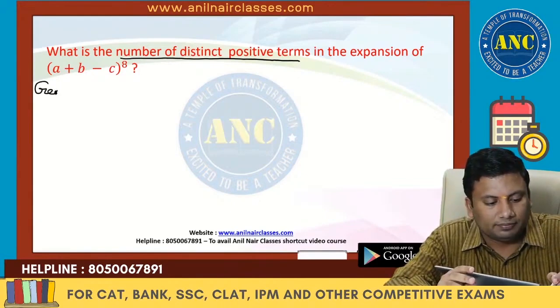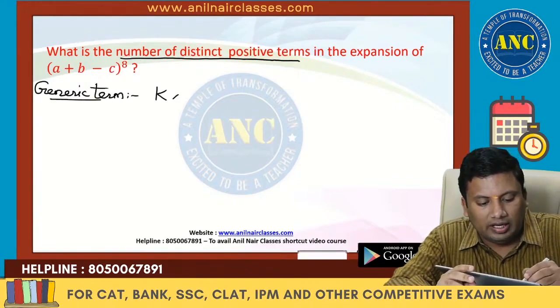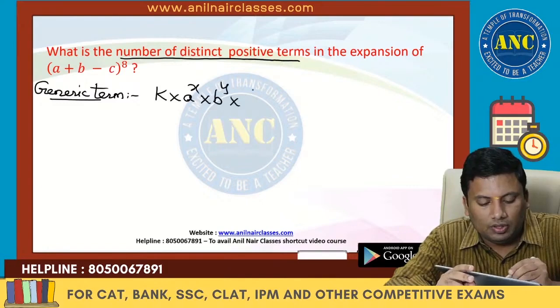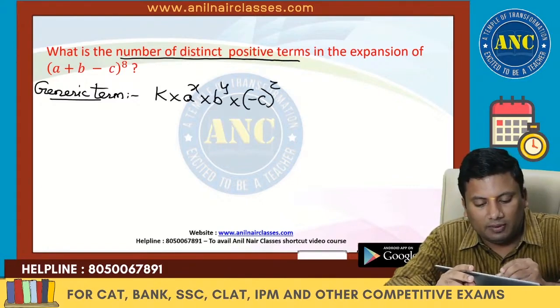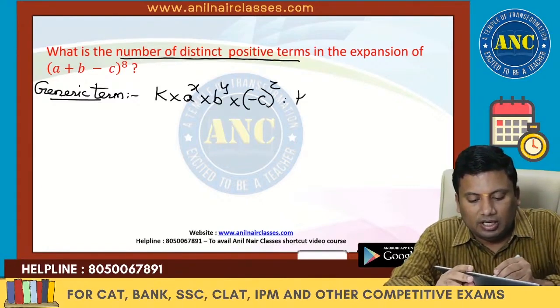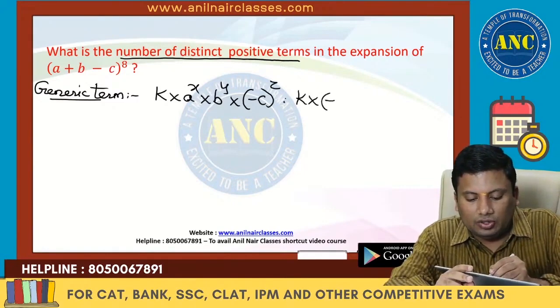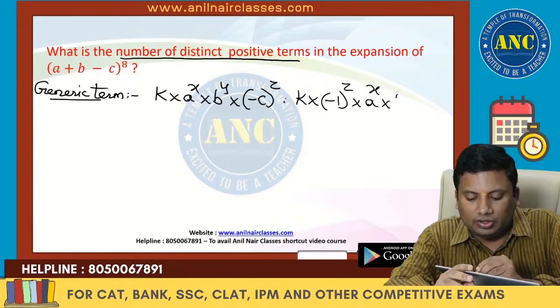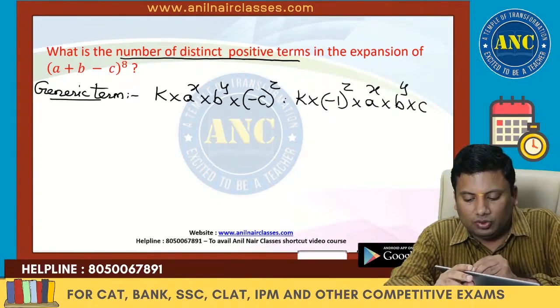The generic term is k into a power x into b power y into minus c power z. This is k into minus 1 power z into a power x into b power y into c power z.